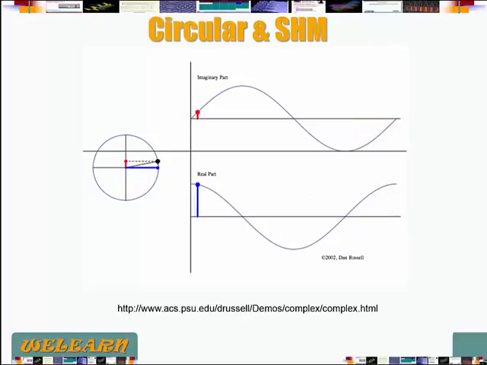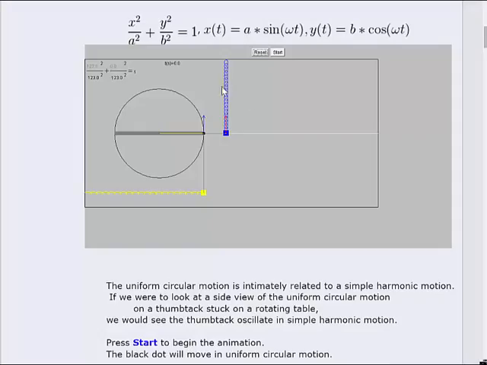Okay, we can also see it here. We have a blue spring and a yellow spring, and we have an object that's going to go around in a circle. When I start this, the vertical position of the mass is going to be graphed here. And as we expected, it should be a sine function. But in the same token, you notice that's the same as that blue line there.